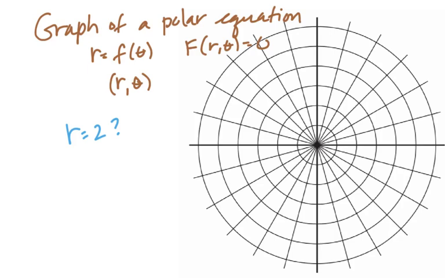So if you start here with your origin and you label your pole axis right here, then r equals 2 starts here, and it's all of these points all the way around. It doesn't matter what theta is, r equals 2. So that means I have a circle here. It has a center at 0 and a radius of 2. So this is r equals 2 here.